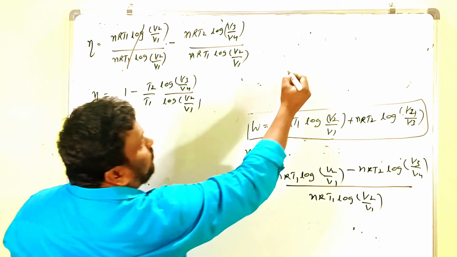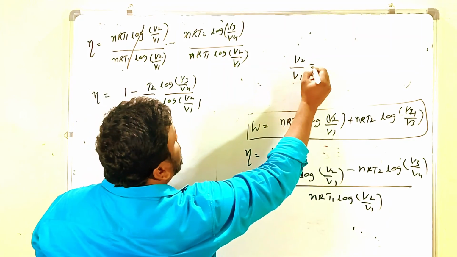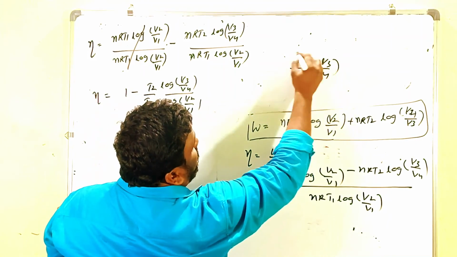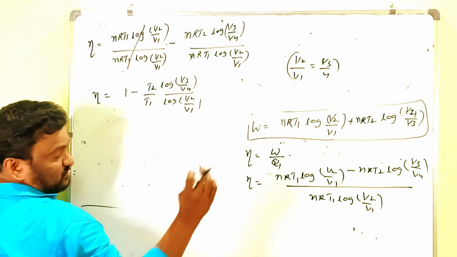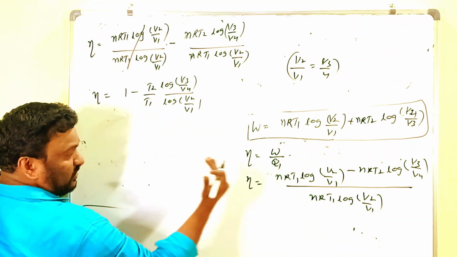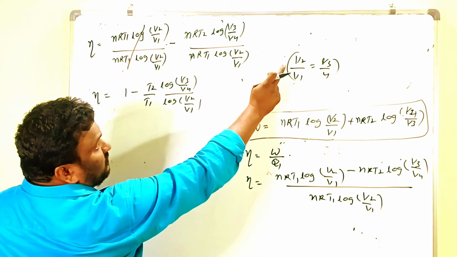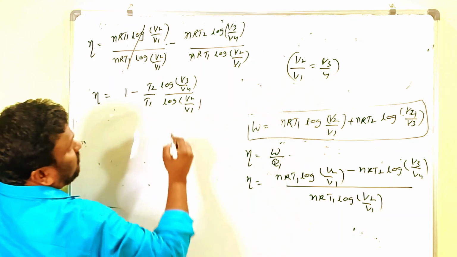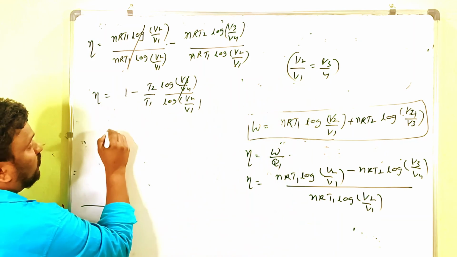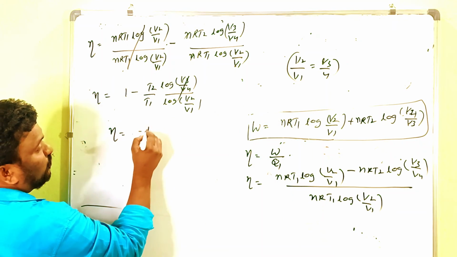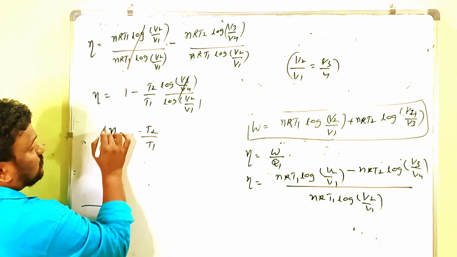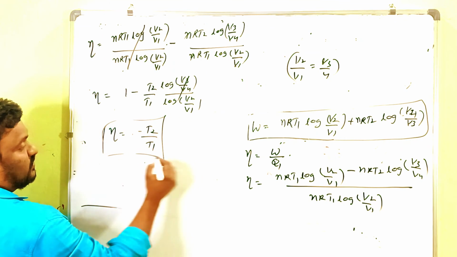So already we proved, children, that V2 by V1 is equal to V3 by V4. Just go back 10 to 20 seconds and you will find this one. V2 by V1 is V3 by V4. That's why these two are cancelled. Then eta is equal to 1 minus T2 by T1.